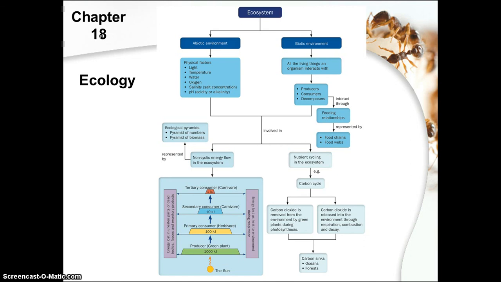We have come to the end of Chapter 18, Ecology. In this part of the chapter, we learned a few main parts. The ecosystem is made up of the abiotic environment and the biotic environment. The abiotic environment refers to the different physical factors. From there, in the biotic environment, we looked into the different types, for example, the producer, consumer, and decomposer, and how they interact with each other in the form of the food chain and food web.